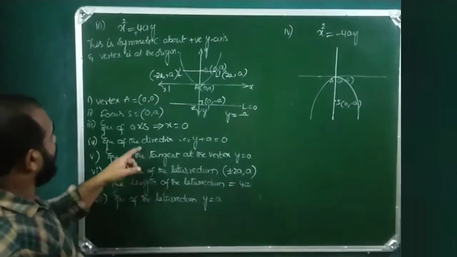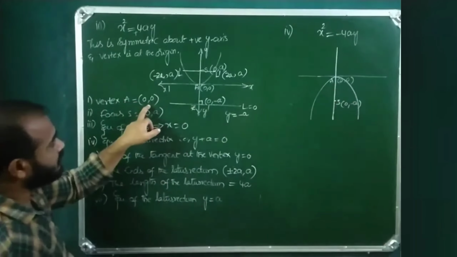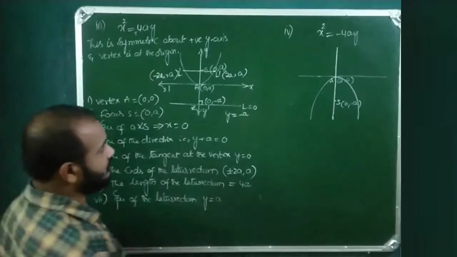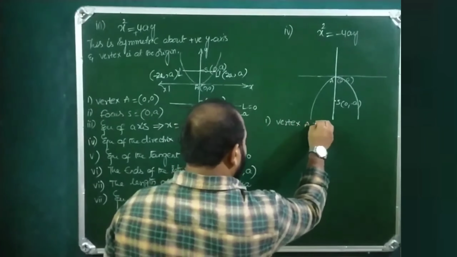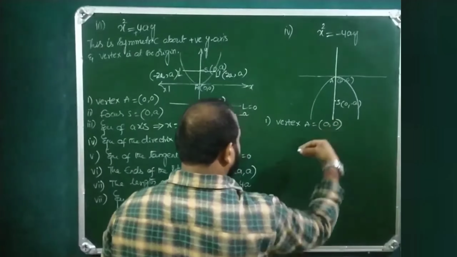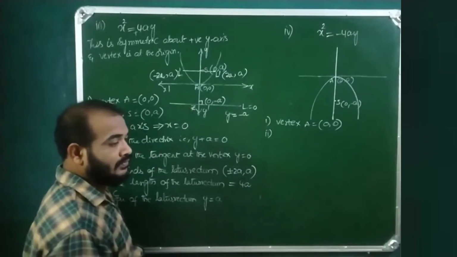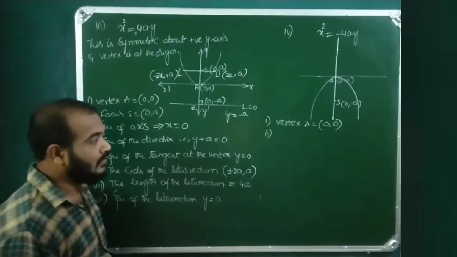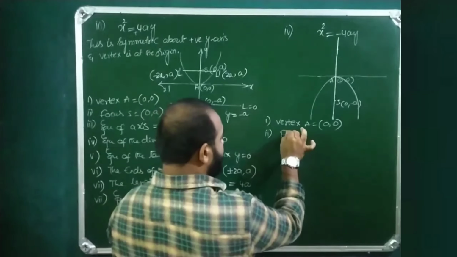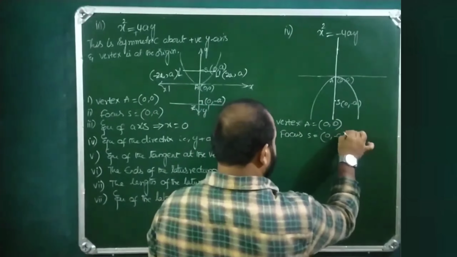First, what is the vertex here? The vertex is 0, 0. As we've discussed, the focus S is 0 comma minus a.